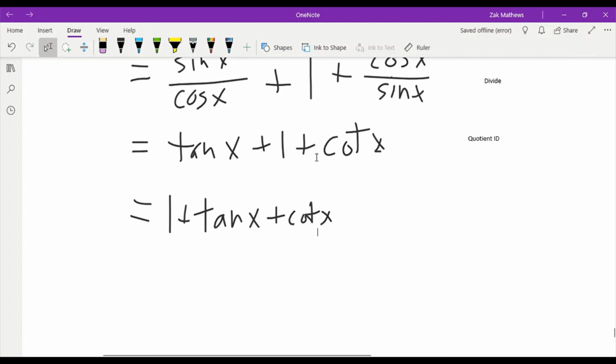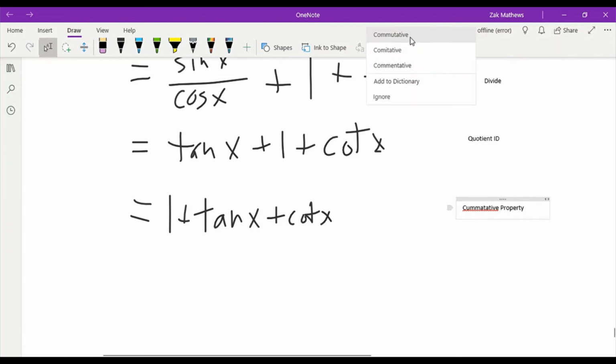Now, it wasn't. How did I rewrite it? I rewrote it using the commutative property or the transitive property. You can say either one. Commutative or transitive property to rewrite it, but make sure that you convince yourself there is something mathematically sound reasoning for rewriting it.